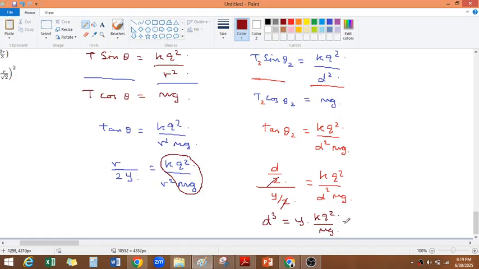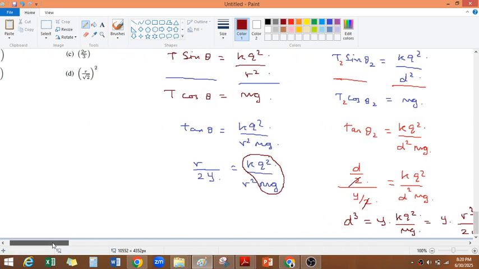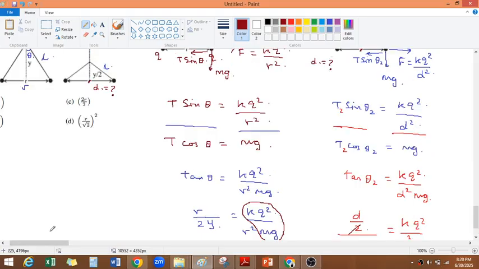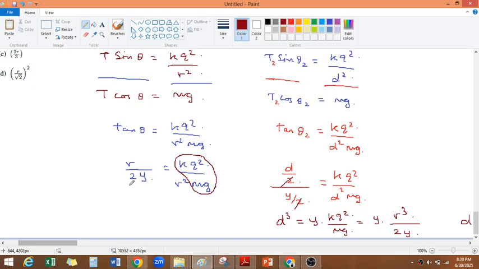So that means r cube by 2y. So y cancels. So d is equal to r cube by 2, cube root. Sir, how is it replaced by r cube divided by 2y? Here what do you see?